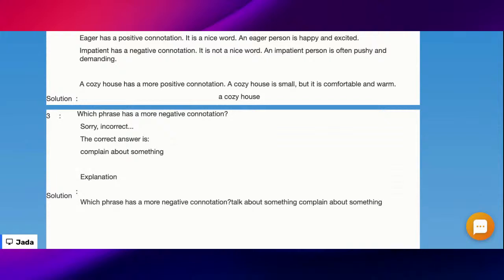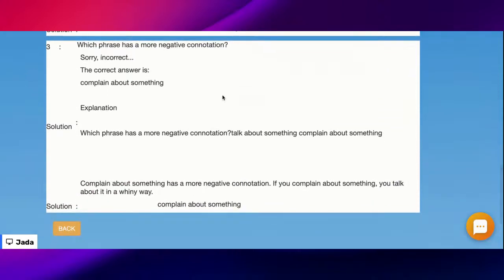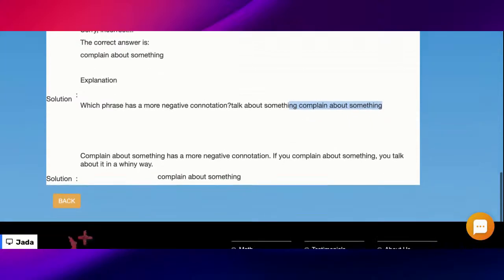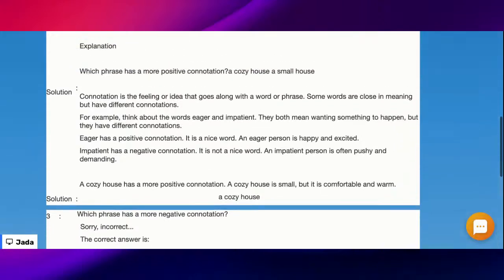Then we also have, which one has a more negative connotation? Talk about something or complain about something. Complaining is more negative.